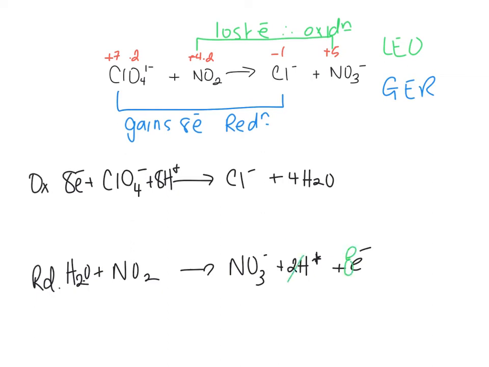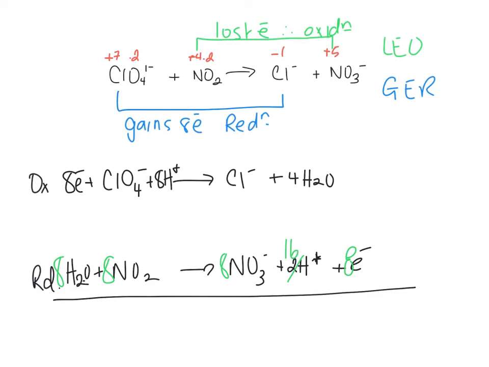So that makes this 16, this makes this 8, this is 8, and this is 8. So this is all to get the same number of electrons. And then what you do, it's like Hess's law, you add them together and you cancel anything that's on the left side and the right side of the arrows.